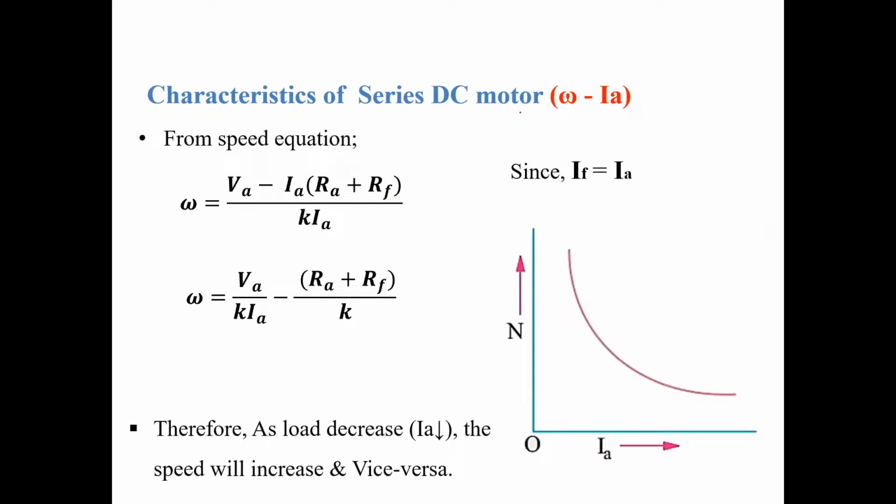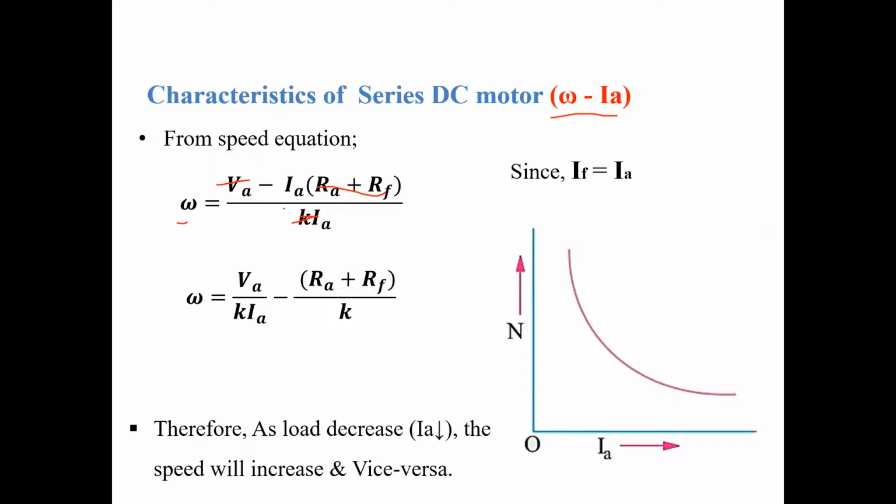Now let's see the characteristics of the series DC motor. First, let us see the speed versus armature current characteristics. This is the speed equation. If the armature voltage is constant, R_A and R_F are constant, so the only parameter is I_A.